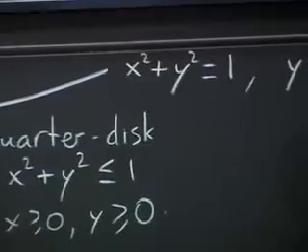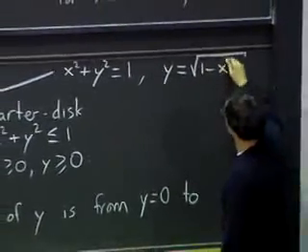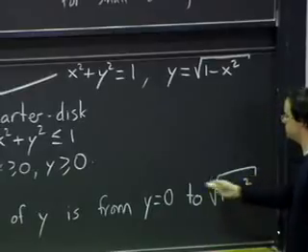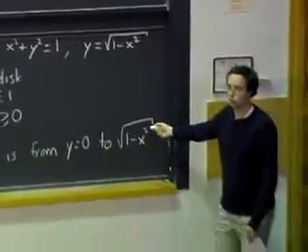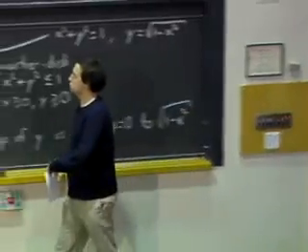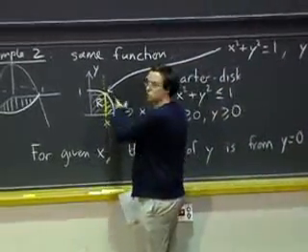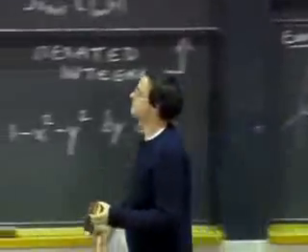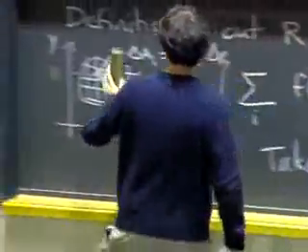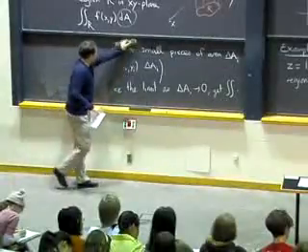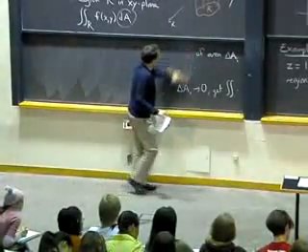That means y is square root of 1 minus x squared. So I will integrate from y equals 0 to y equals square root of 1 minus x squared. And now you see how the bound for y will depend on the value of x. While I erase, I will let you think about what is the bound for x now. It's a trick question.